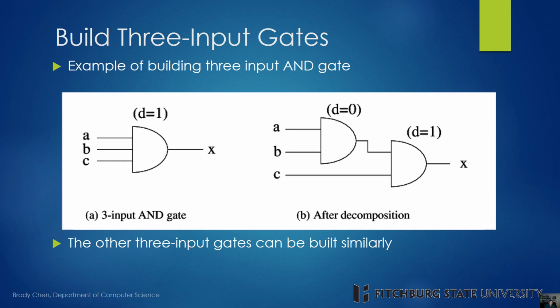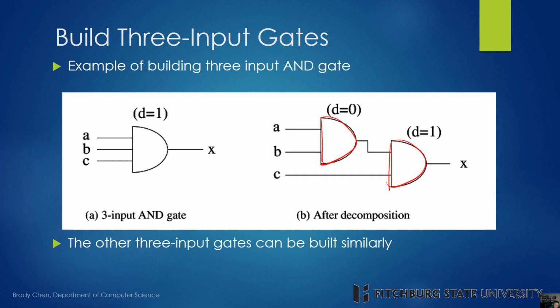If you look at this diagram, on the left side is the 3-input gate, and the right side are two 2-input gates. So if we want to build a 3-input AND gate, then we can use two 2-input AND gates. We can connect the AND gates that way.